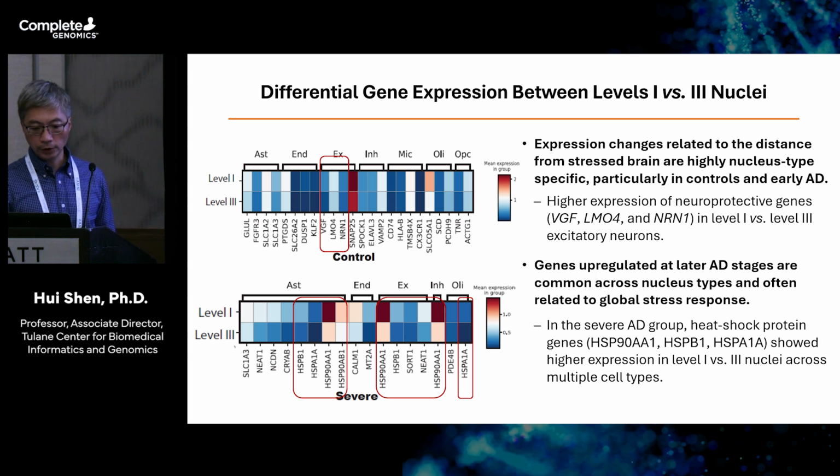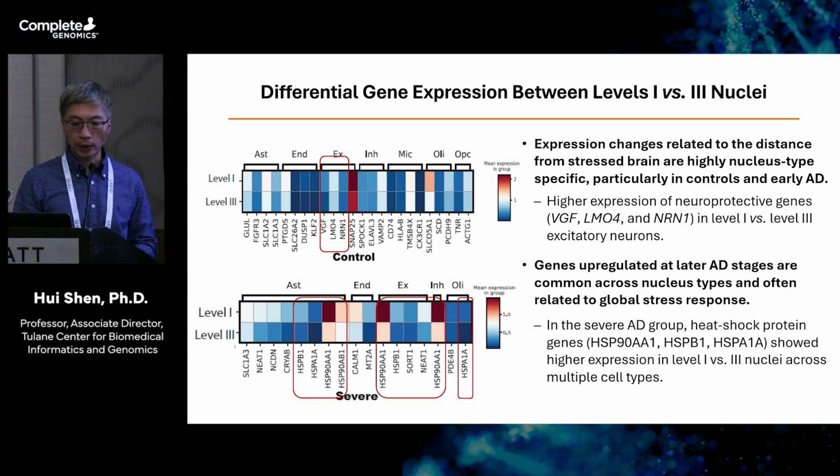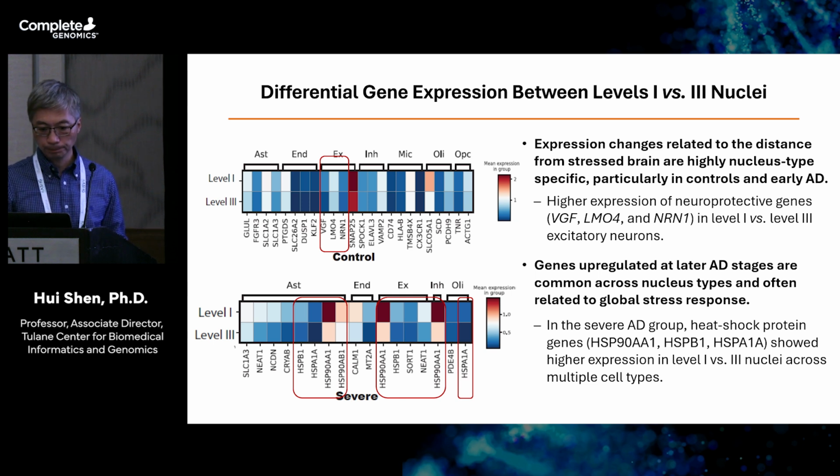The increased expression of these genes is not only observed in the excitatory neuron, but also in the astrocyte and the inhibitory neuron, as well as oligodendrocyte in the areas that are close to this stressed neuron. This is consistent with some prior knowledge that in the early stage of AD, most of the gene expression changes are cell type specific, whereas in the later stage, there are more common expression changes across different cell types.